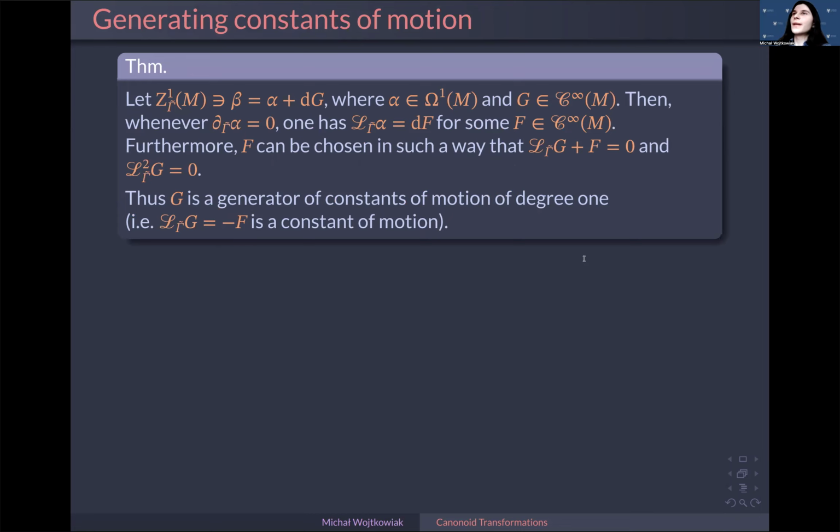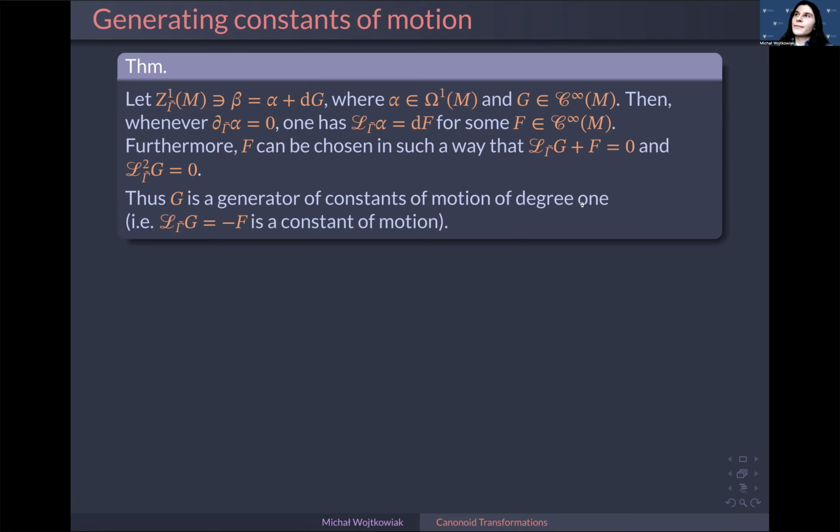Namely, if we have a general canonoid vector field associated with some closed one-form gamma, and we decompose it into an exact part and a remaining part, then if that remaining part is closed with respect to the boundary operator, is in the kernel of the boundary operator, then that exact part is a differential of a generator of constants of motion.